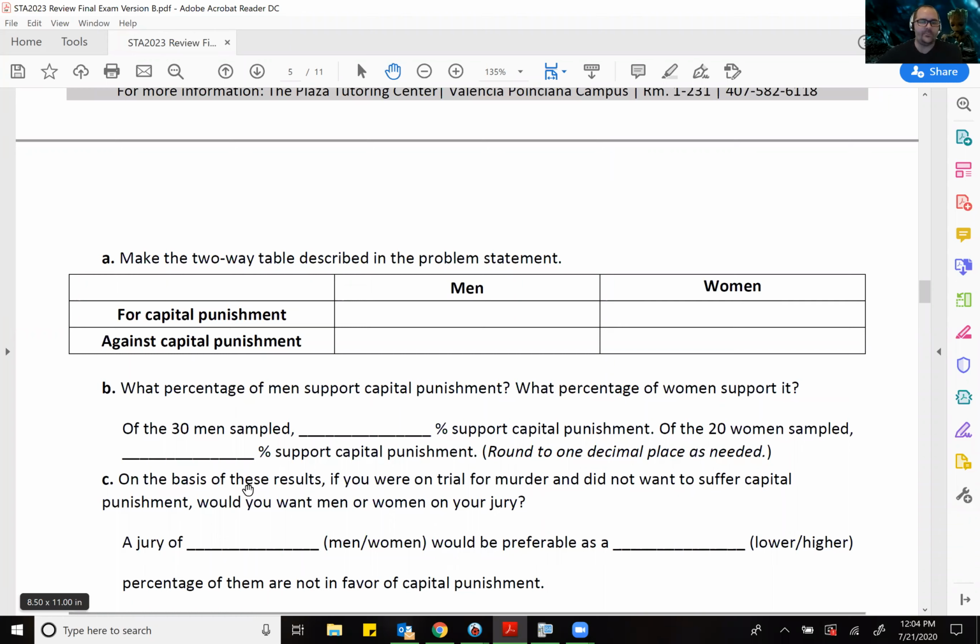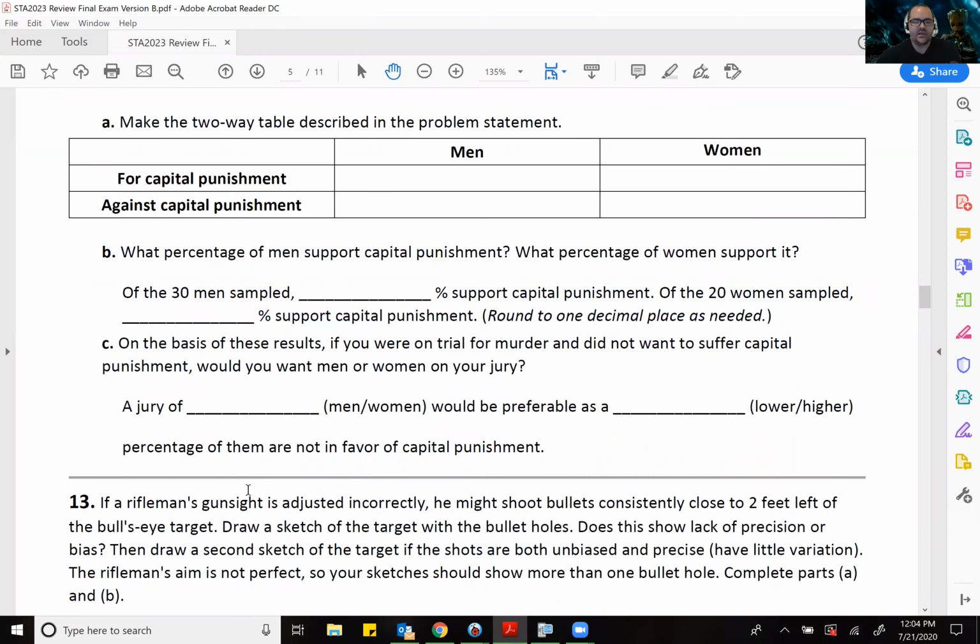All right, so part C says, on the basis of these results, if you were on trial for murder and did not want to suffer capital punishment, would you want a jury of men or women? So based on this, who had the smaller percentage? The women. So I would want a jury of women.